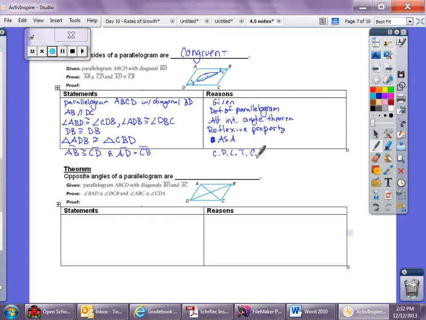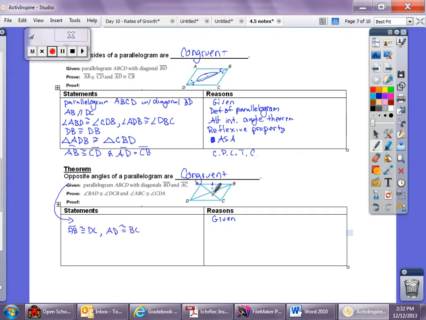Our next theorem, opposite angles of a parallelogram are congruent. So the opposite angles are congruent. So we're going to first write our given statement down. I'm just going to save time here and put it here. So our given parallelogram ABCD with diagonals BD and AC, that's given. The next thing we can say is that AB is congruent to DC, and AD is congruent to BC.